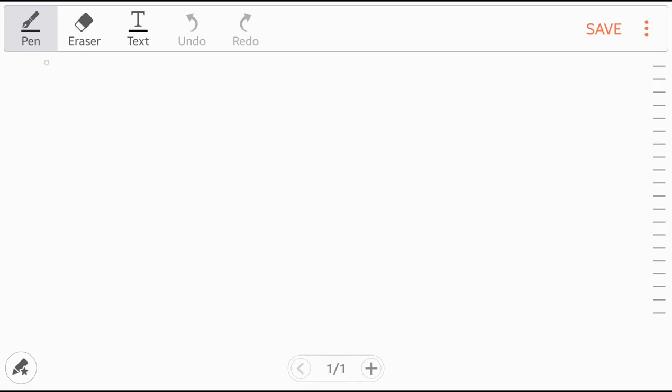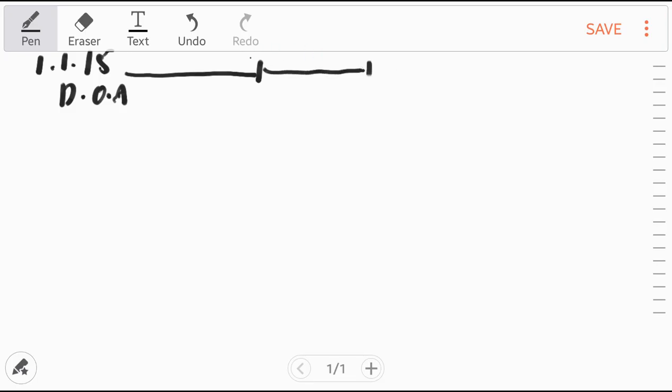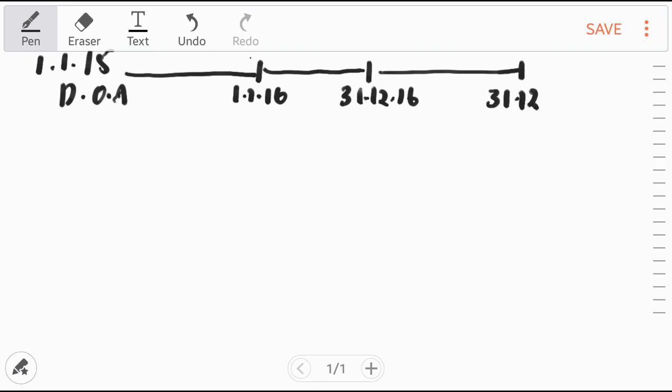Okay, we just put some dates here. This is 1st of January 15. This is the date of acquisition. This is 2016. This is 1st of January 16, 31st of December 16, 31st of December 17.